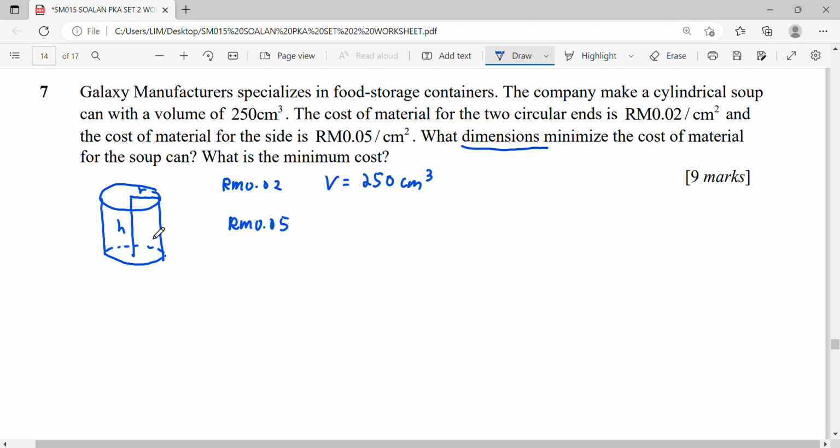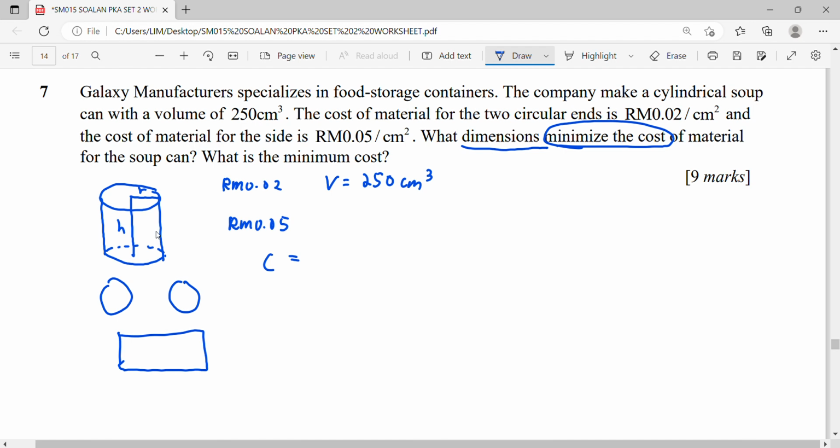If you want to build this cylinder, you need two circles, top and bottom. And the side here, when you unfold this, you get a rectangle. So now we're going to build up your cost equation, because you want to minimize the cost.